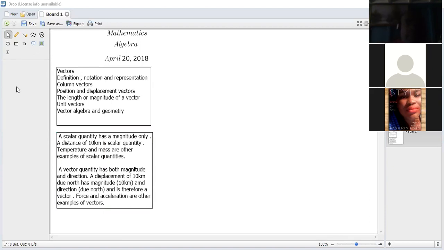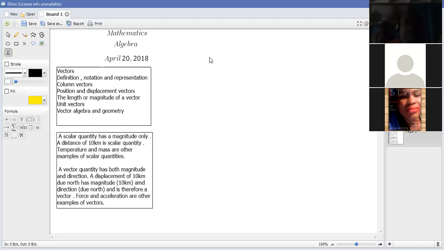Alright, so basically we have an idea of the types of quantities, scalar quantity and vector quantity. Now I will be representing the vector.